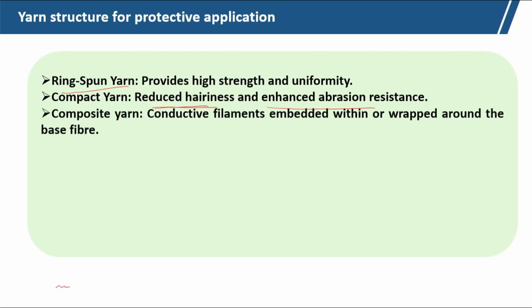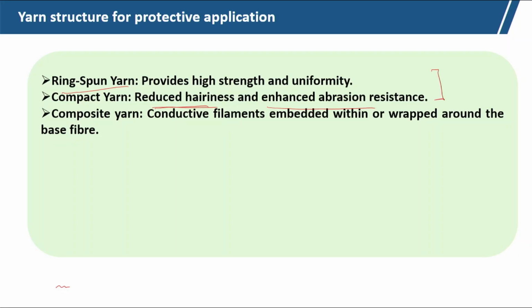And composite yarns are there, where, in staple yarn, normally strength is lower than filament yarn. So, in composite yarn we can introduce filament along with the staple and another filament yarn to enhance the characteristics.